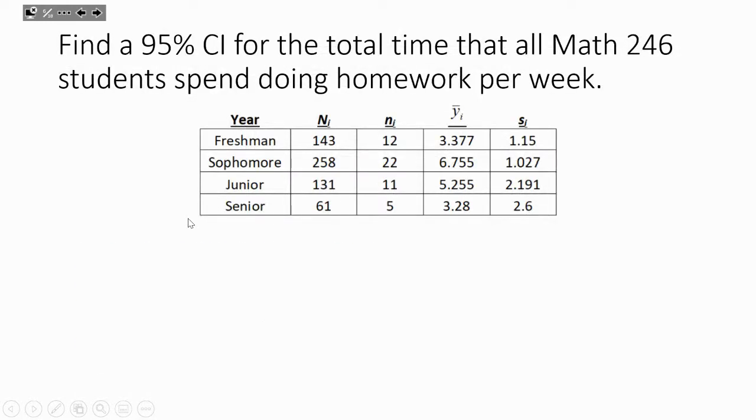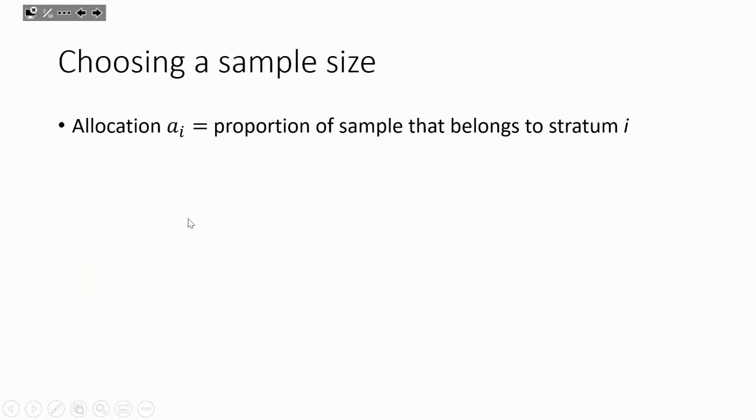All right, let's get back. So now let's talk about choosing a sample size for stratified sampling. In order to do this, we need one piece of notation, and that is we'll use A sub i for the allocation. That is the proportion of the sample that belongs to stratum i.